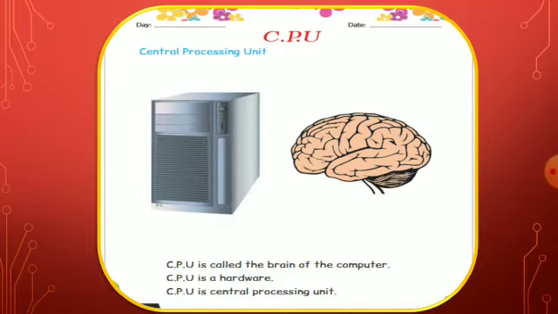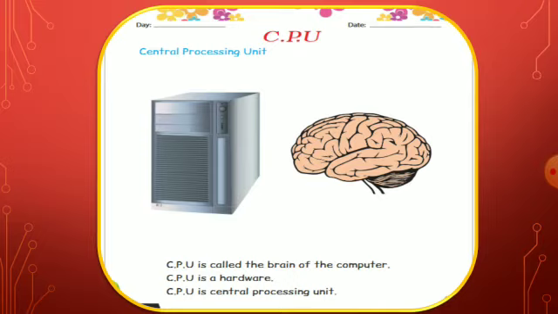And what else are we going to learn about CPU today? That CPU is hardware. What is hardware? Hardware is something that when you touch it, you can feel it is hard. So it is called hardware. CPU is hardware.